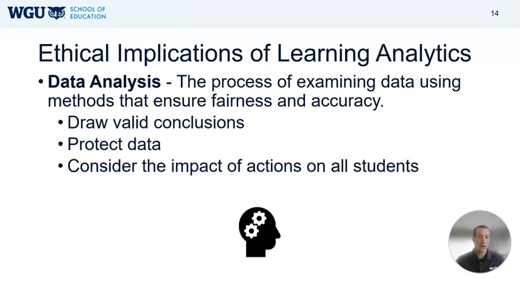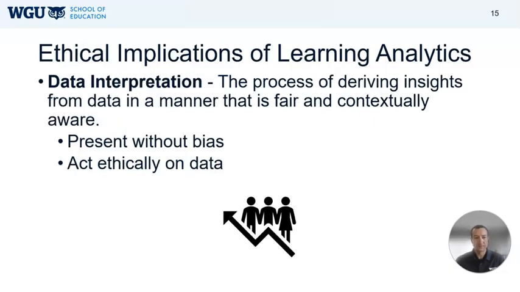We're going to try to draw valid conclusions that are fair, that are accurate, and that line up with the data that we're seeing. We also want to make sure that when we're analyzing this, we're protecting that data, but we're also considering the impact here. Based on how we act from this and what we're analyzing, there can be major impacts to students. So we want to be aware of that and make sure we're always taking an empathetic approach.